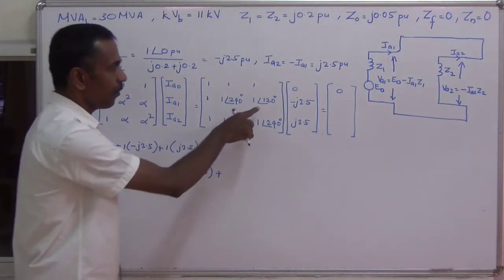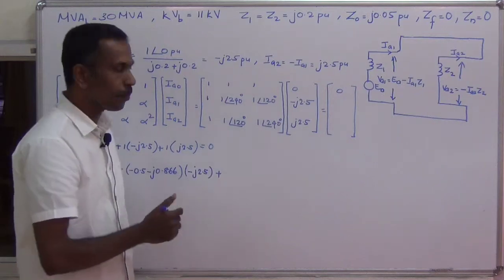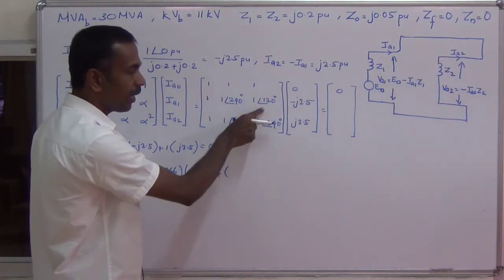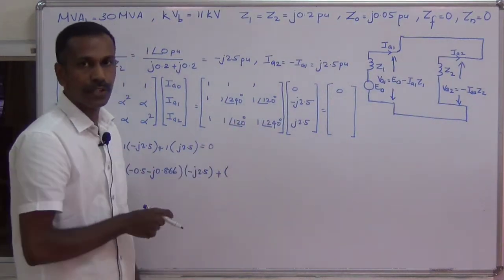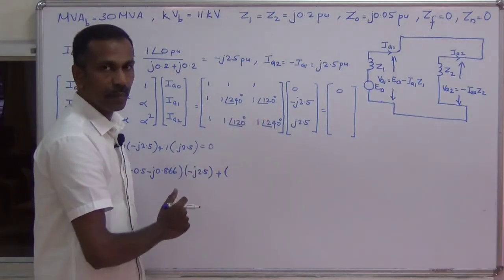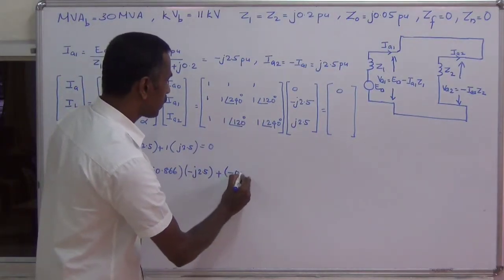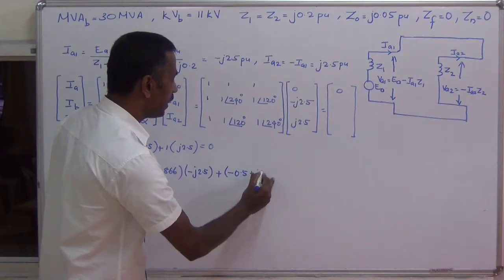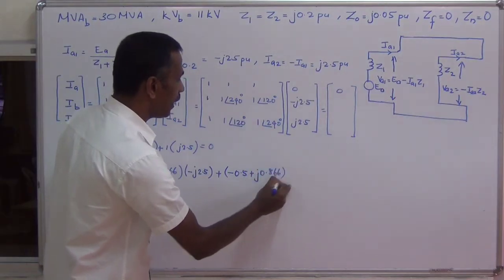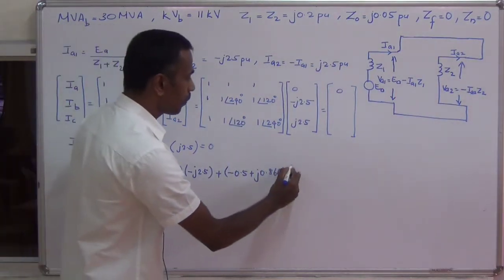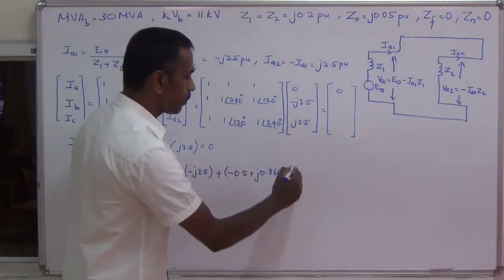Plus 1 angle 120, which is the same as minus 0.5 plus j 0.866, into j 2.5.